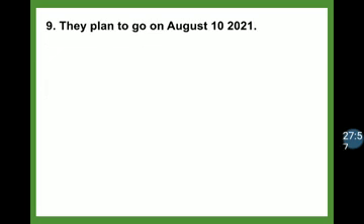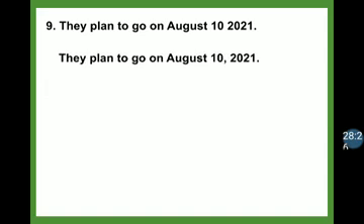Number 9 says, they plan to go on August 19, 2021. How many commas do you need? You need 1. And where are you going to be placing this comma? After 19. Correct. So, we've come to the end of this activity.